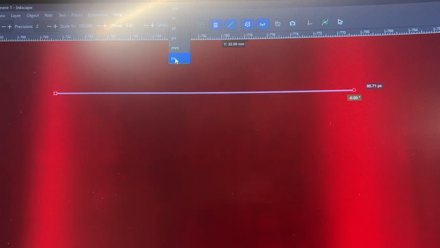But I don't know that I trust that. Whatever conversion it's using will be the same for every image that you analyze. So it doesn't matter that much, but let's just do pixels. That's what I've been working with the whole time. So let's keep it as pixels. So I will import this number into my Excel. So delta A I will write as 95.71 pixels.